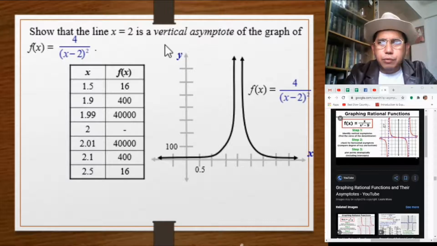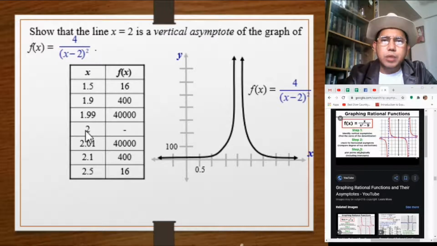Continuing the graph of the functions we have a while back, you will notice that after having now the restriction, which is positive 2, now we assume the value of x. So I assume in here from 1.5 to 2.5. You will notice I included the 2 in here to show to you that when I'm going to calculate this one, it will not give me a result of f of x.